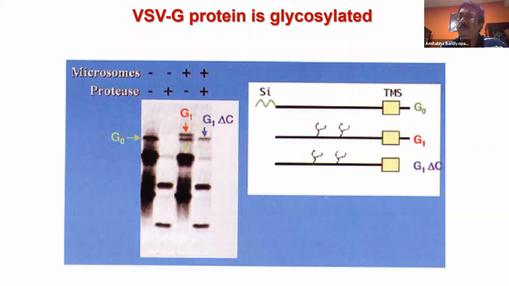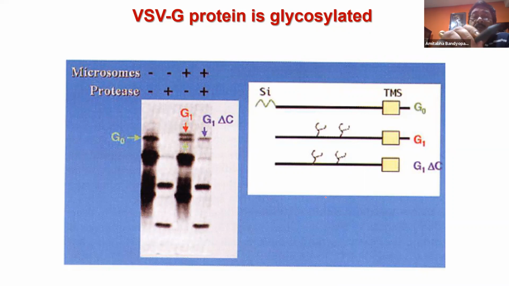Now he moves on to further demonstrate what happens to the transmembrane protein. The transmembrane protein will have a certain part that is exposed to the outside, not on the luminal side, but on the cytosolic side of the vesicle, and it will therefore be accessible to the protease. So how would you do that? Simple. This time he is using VSVG protein.